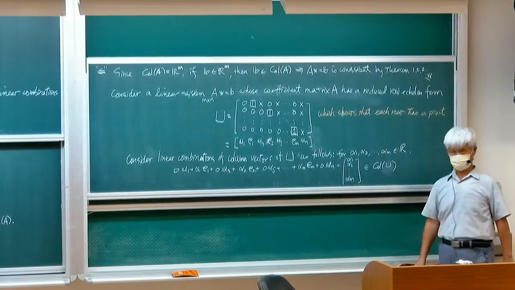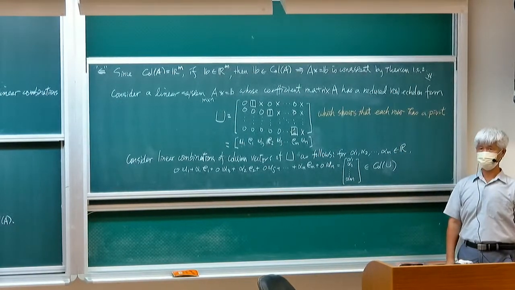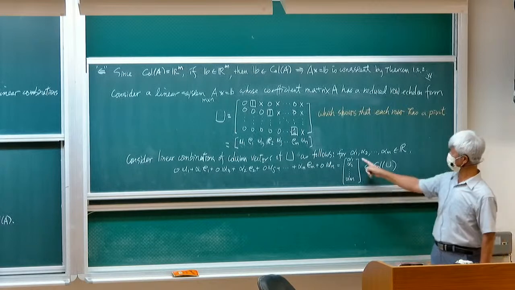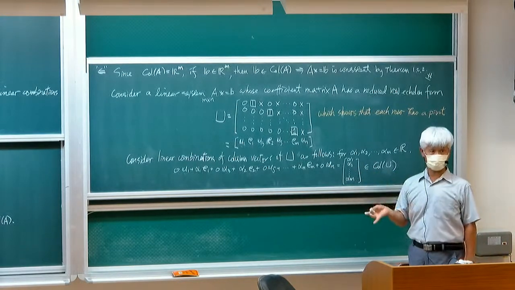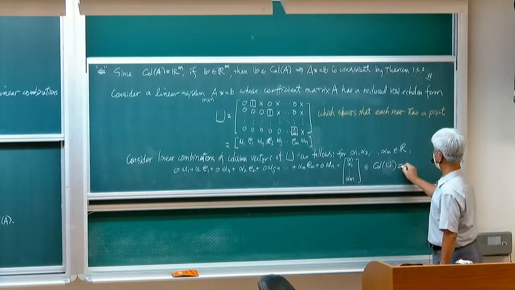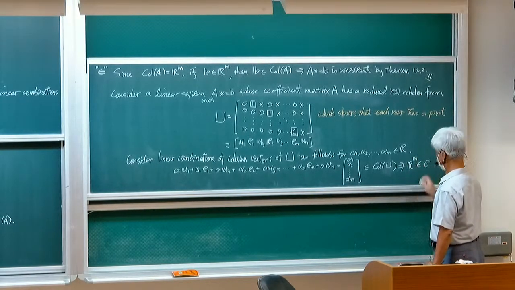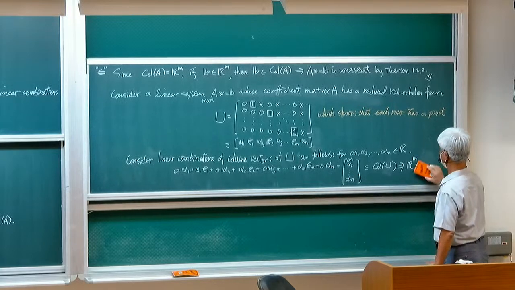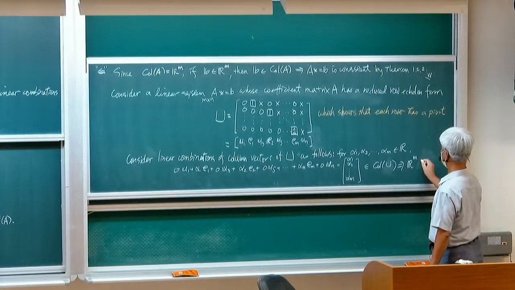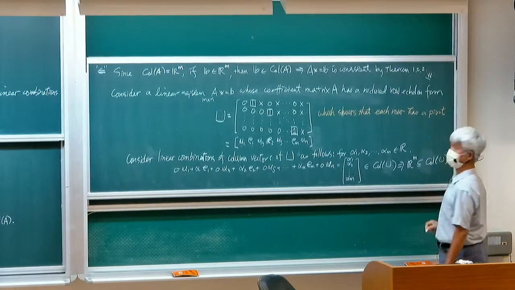Right? And the alpha 1, alpha 2, alpha m can be arbitrary. So the implication is that this is in the column space of U. Okay?